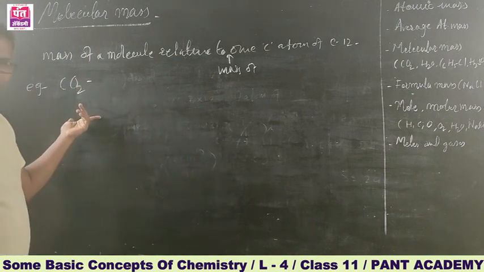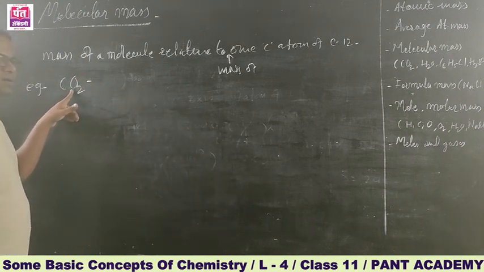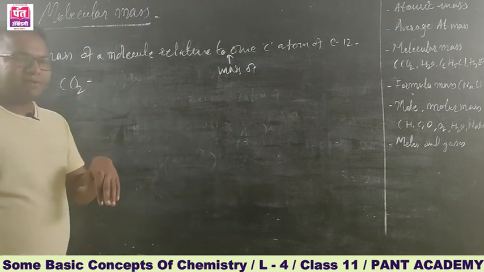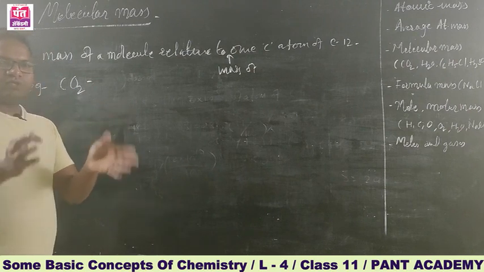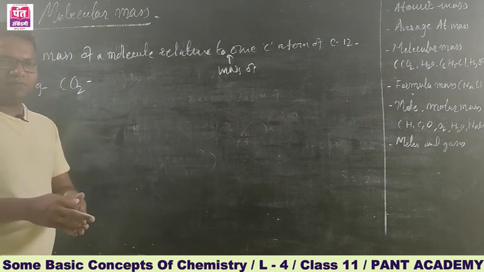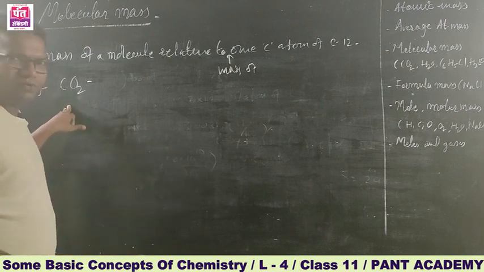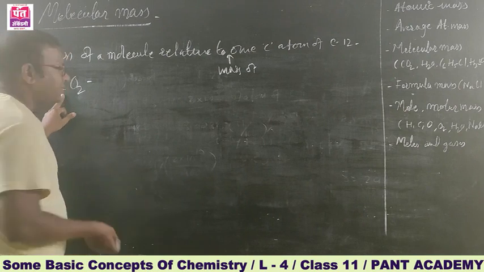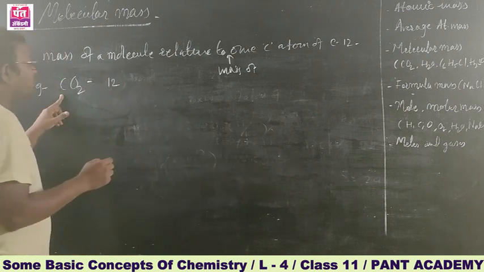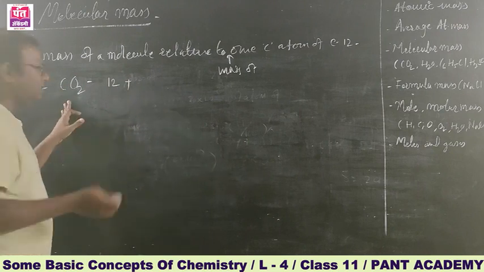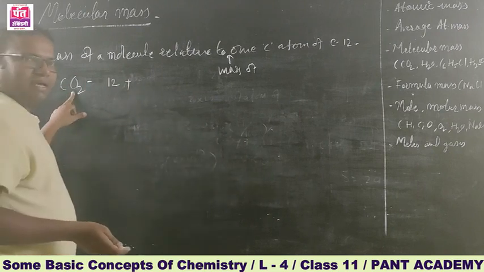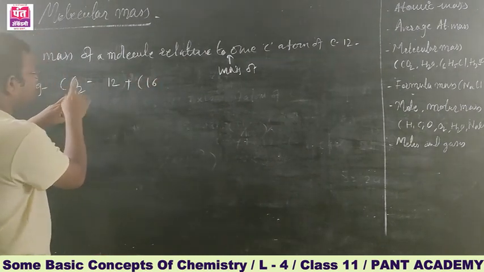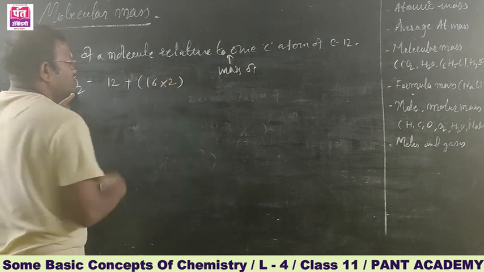CO2 is a molecule ना. कार्बन एक ॲटम आहे, ऑक्सिजनचे दोन ॲटम आहेत. तर आता तसं बघू, पहिली डेफिनेशन काय म्हणलेलं आपण, sum of average atomic mass of all the atoms present in a molecule. कार्बनचा ॲटॉमिक मास आता आपण पाहिलं किती आहे, 12, प्लस ऑक्सिजनचं किती आहे, 16. आता किती आहेत ॲटम, दोन आहेत, त्यामुळे गुणिले 2.